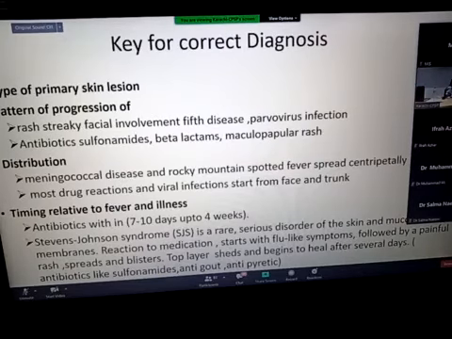The distribution of the rash is also very important, like meningococcal disease and Rocky Mountain spotted fever spread centripetally.